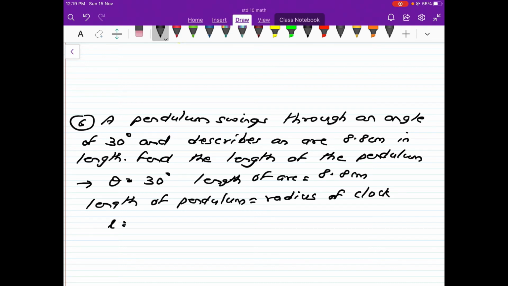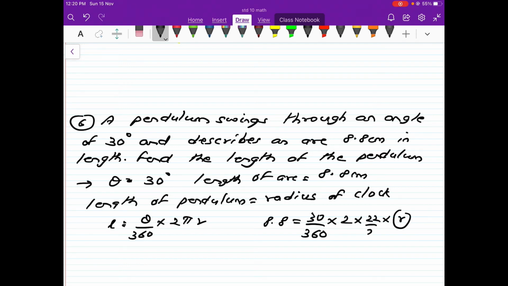So L is equal to theta upon 360 into 2 pi r. So length is given as 8.8, this is 30 upon 360 into 2 into 22 by 7 into r. R is what we don't know. So 3 1s are 3, 3 12s are 36, 2 6s are 12, 2 11s are 22, 2 1s are 2, 2 3s are 6. So 8.8 is equal to 11 upon 3 into r.